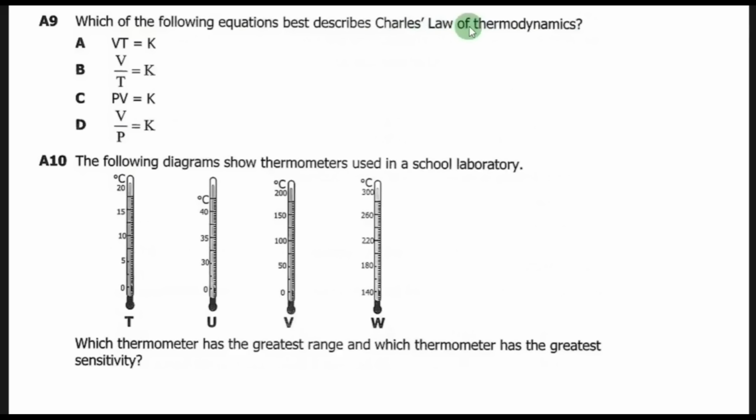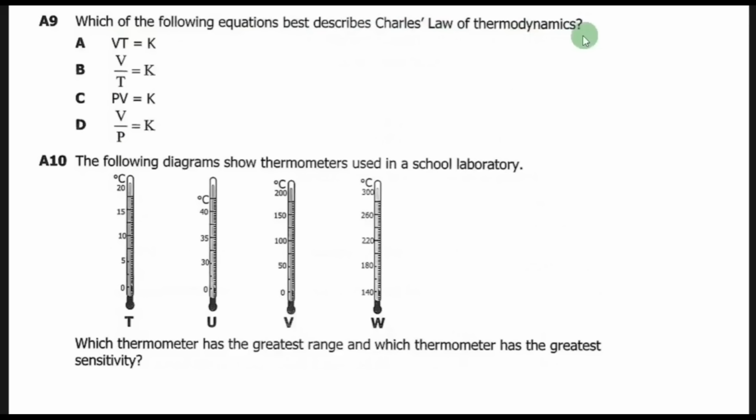But now they're using another advanced term, thermodynamics, just to confuse a GCE candidate, because I don't think in grade 11 physics we use this word thermodynamics in those textbooks. We have what we call gas laws, and Charles's law is one of the gas laws. Thermodynamics is used at tertiary level, like college and university.